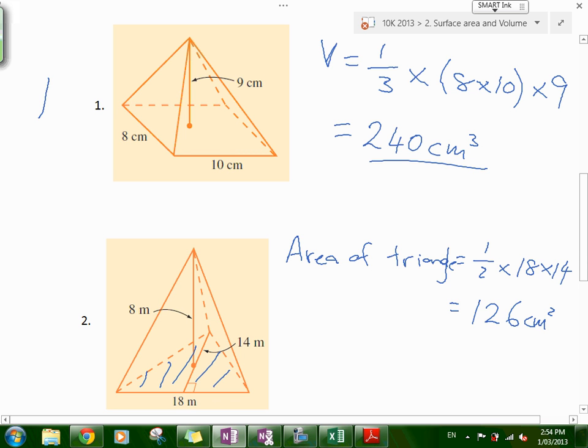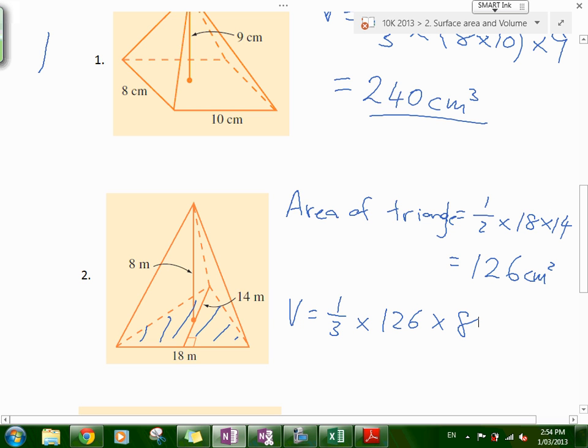So we know the base area. We know what the perpendicular height is, so we can find out what the volume is. So we say, well, V equals 1/3 times 126, that's the base area, times the height, which is 8. And that is equal to what?